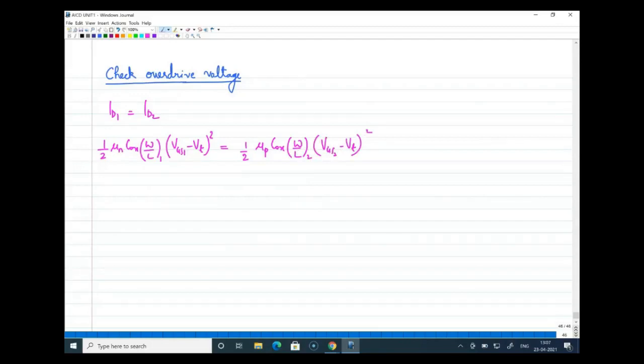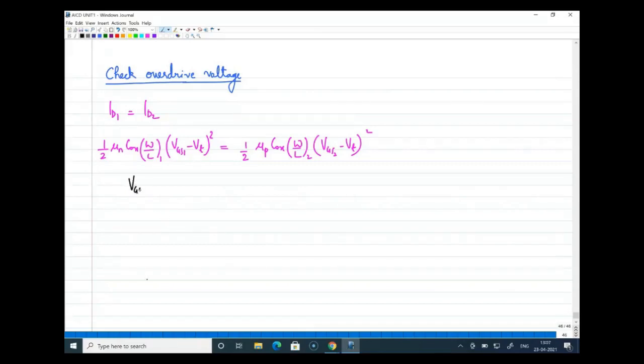Right. I'll tell you why all of a sudden I have come to check the overdrive voltage. I'll come to that. For the time being, I have just equated the current, and I'm now writing a relation between the overdrive voltages. Let me use a different color.